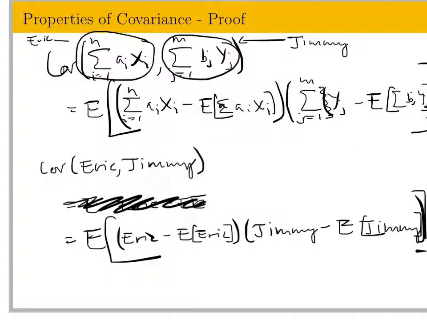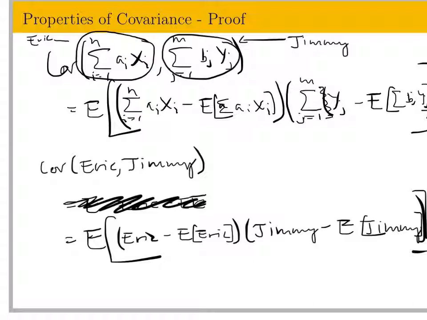So it should not bother you that I'm taking the expectation of that whole thing. Don't get confused: I'm taking that random variable, which happens to be a sum of random variables, minus its expectation. So Eric minus his expectation, and then Jimmy minus his expectation.